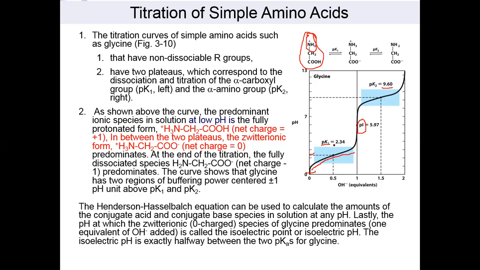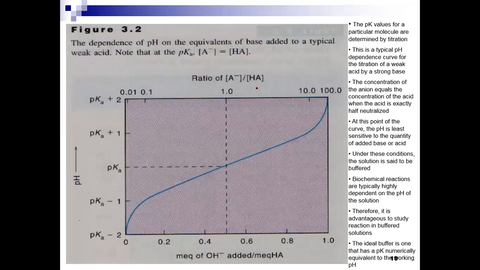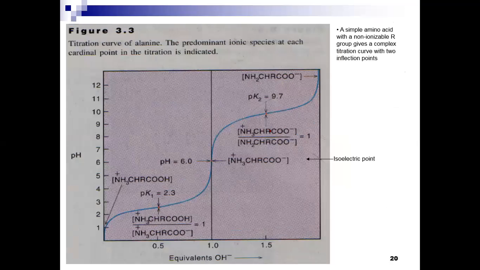At the pH 2.34, this is the position where the proton donor and proton acceptor are equal.